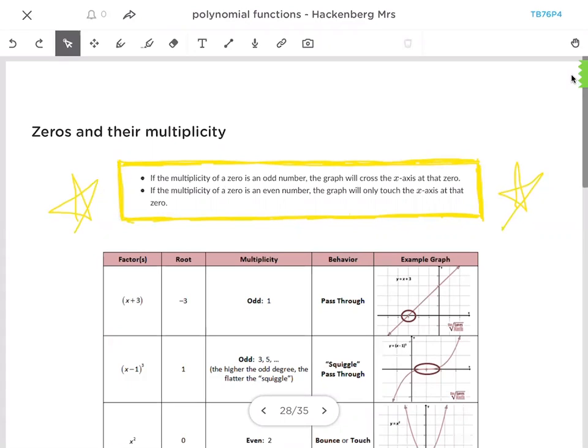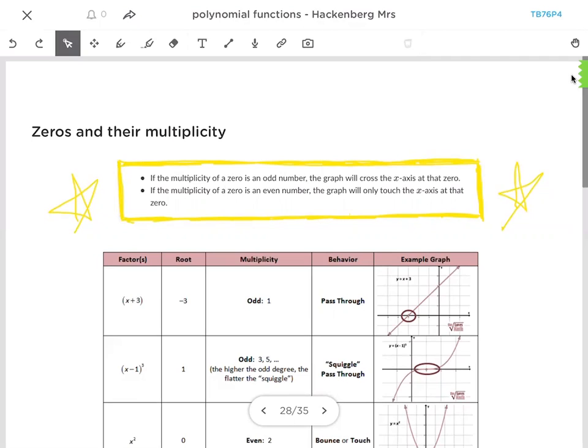It's basically telling us how many times a specific root occurs within that polynomial, and that is going to affect what happens at that location at the x-axis.